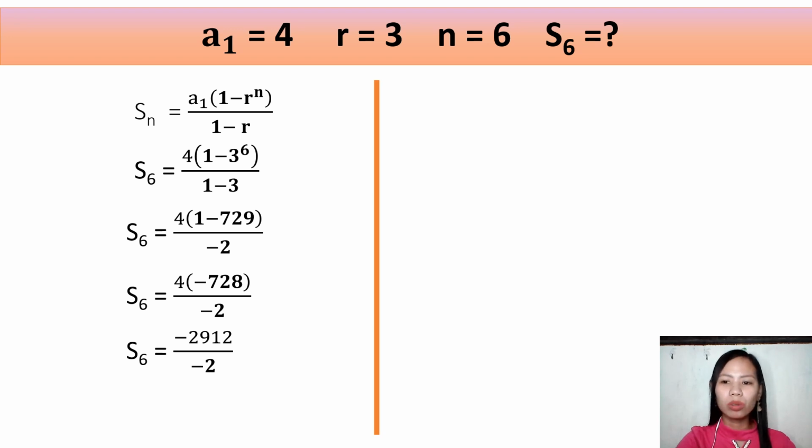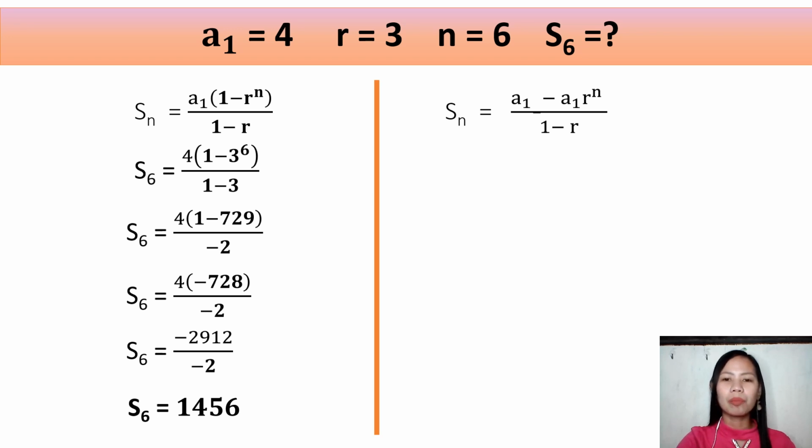Divided by negative 2, S sub 6 is 1,456.